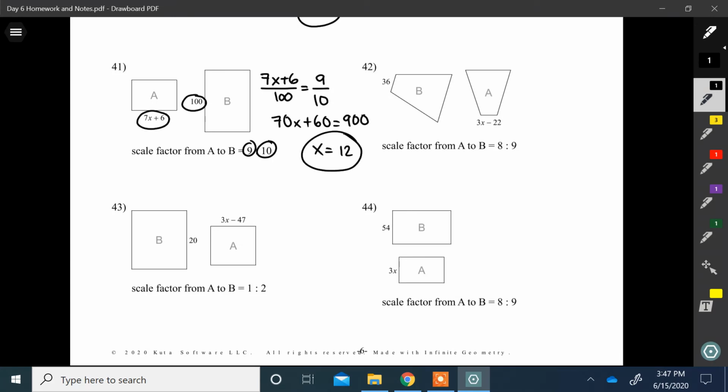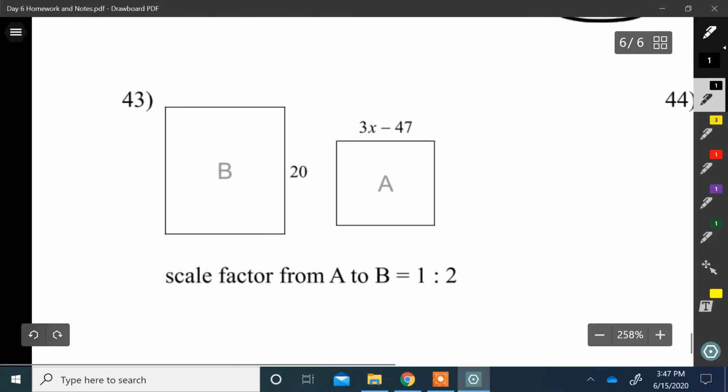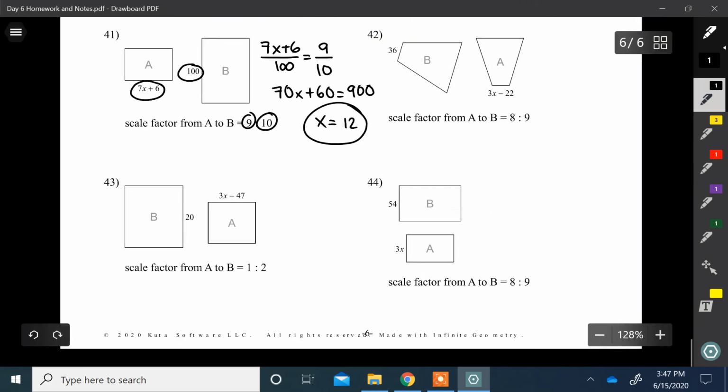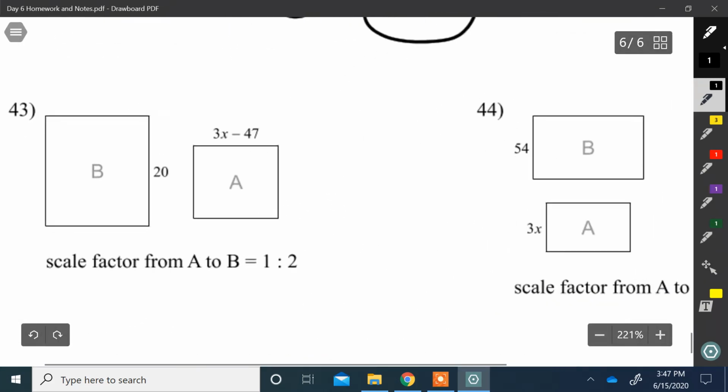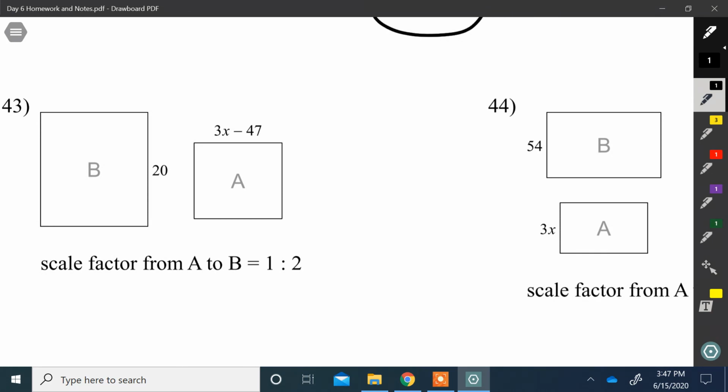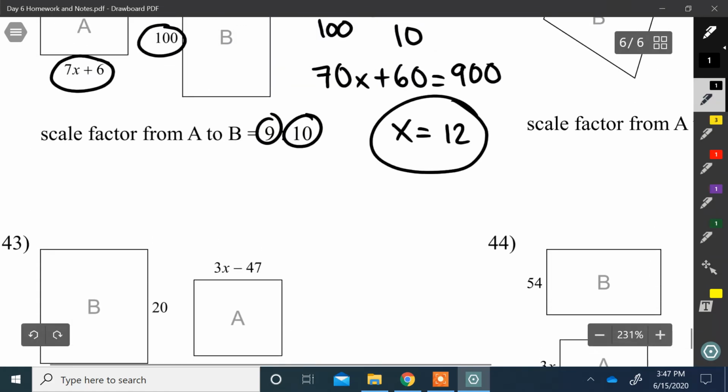Okay, last problem I'm gonna do for you, number 43. Number 43, same idea. The scaling factor from A to B is 1, 2. So be careful with this one.